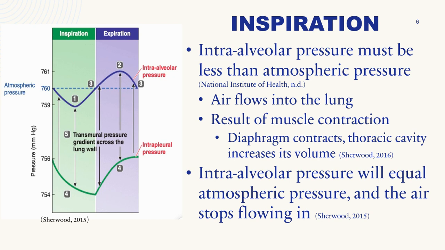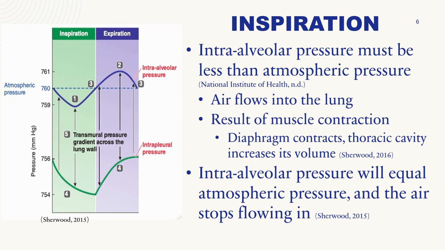Right? So now our pressure is not the same as the atmosphere. That's what we see in this dip right here. Our intraalveolar pressure decreases. It is less than the atmospheric pressure. So air is going to flow into the lung. Air is going to continue to flow into the lung until that pressure gradient exists no longer and we start to reach equilibrium between atmospheric pressure and intraalveolar pressure.